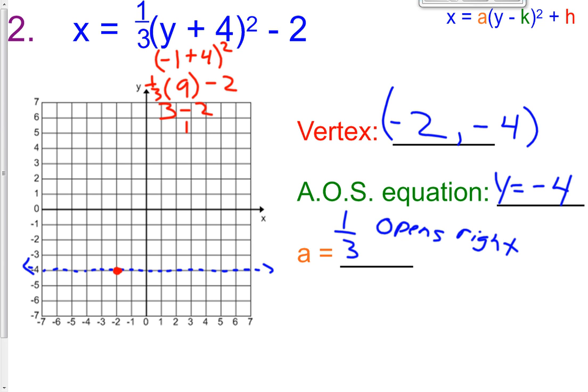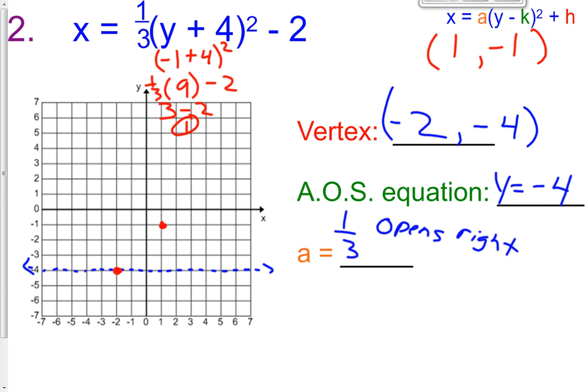So I know that we have another ordered pair here. When I put a negative 1 into my y coordinate, I got an x value of 1. So another point on my parabola is right 1, down 1.